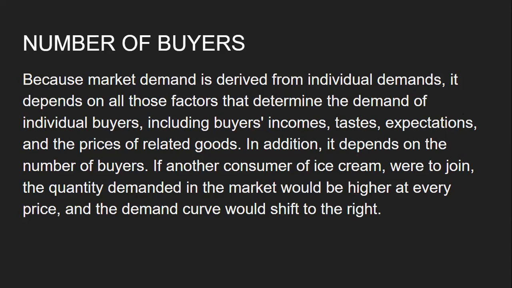And now suppose a consumer of ice cream were to leave, then this will lead to a decrease in the demand for ice cream, that is the quantity demanded in the market would be lesser at every price, and there will be a leftward shift in the demand curve.